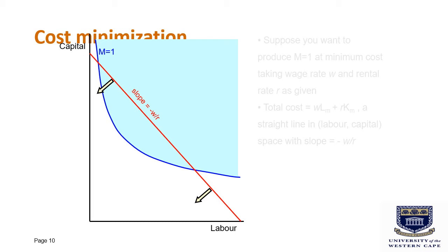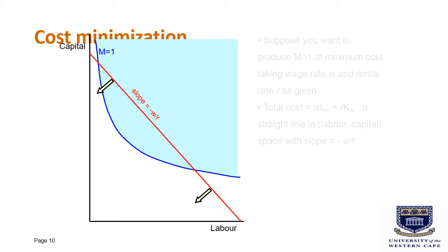Where this line originally starts is not cost minimizing, because on that line we use a high amount of capital and labor to produce that quantity, but we can actually use a lesser amount. The lowest total cost would occur at the point of tangency, when our cost function is tangent to our isoquant.